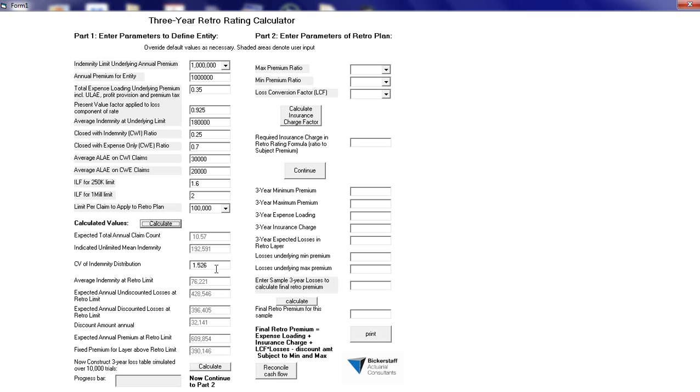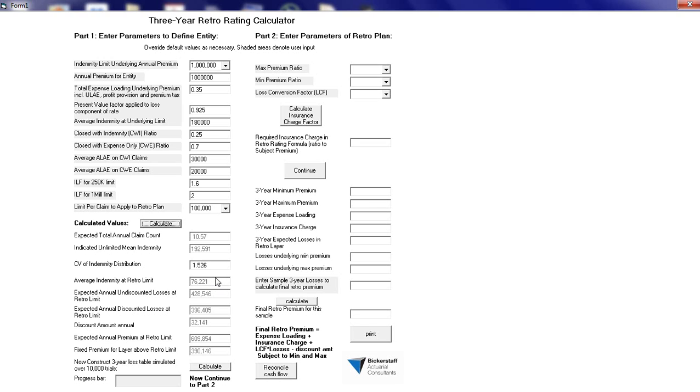It also will now produce an average at the retro limit, and we chose 100,000. So at that 100,000 limit, given this distribution, the average indemnity will be 76,000.